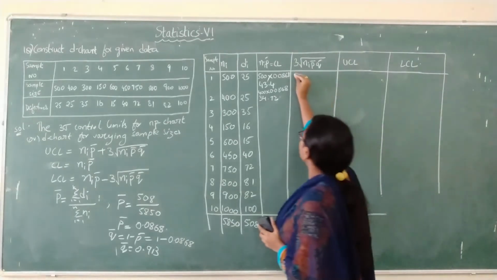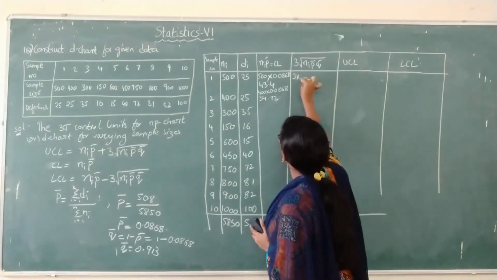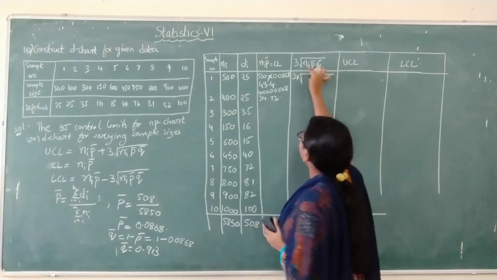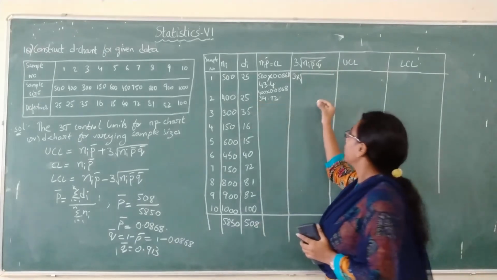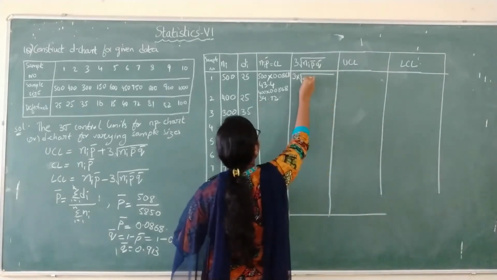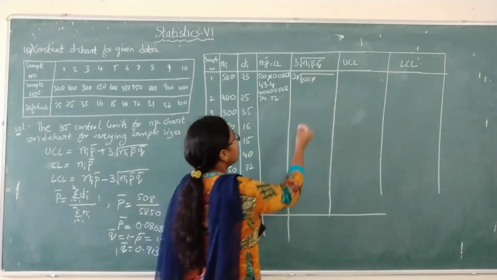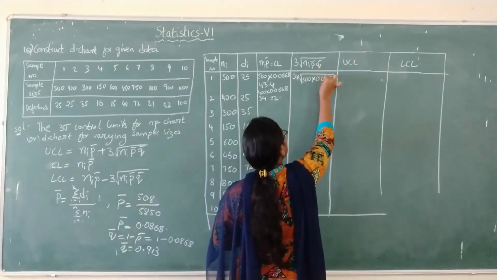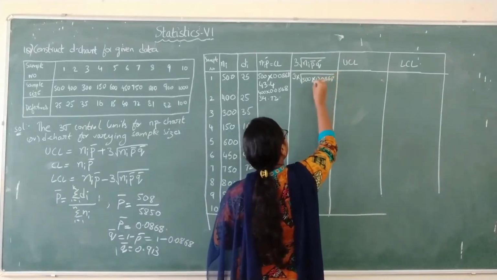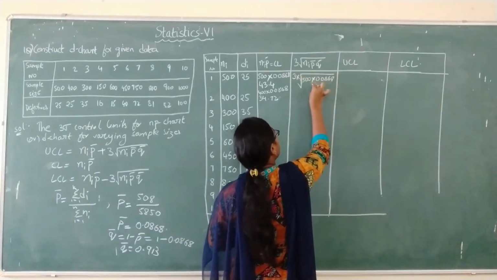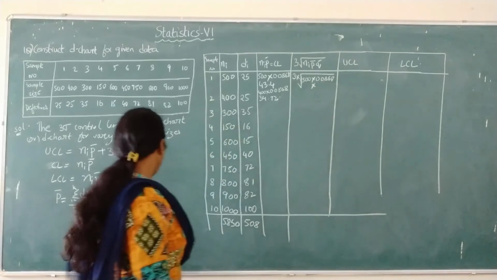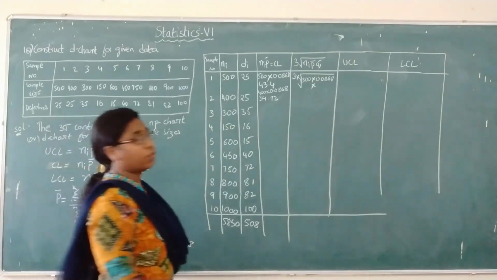You will get 3 into under root Ni. What is the first Ni value? 500 into, what is the P bar value? 0.0868 into, what is the Q bar value we got? 0.913.